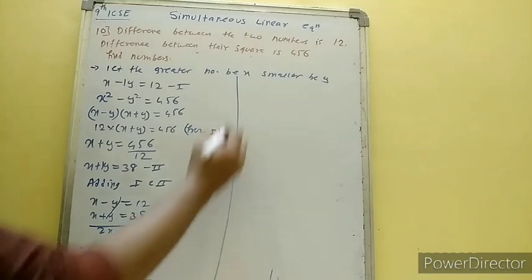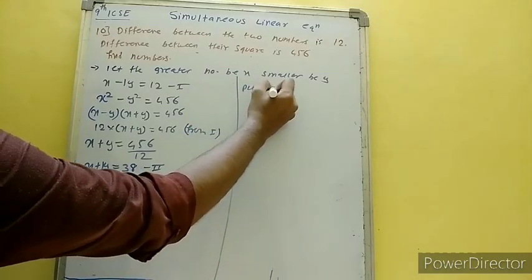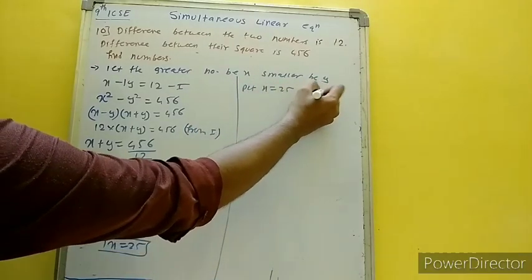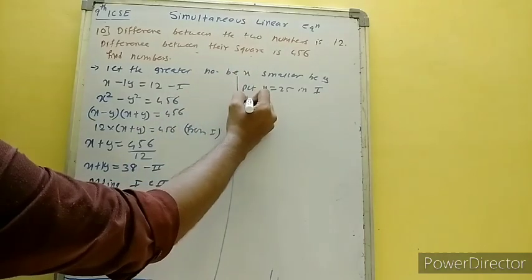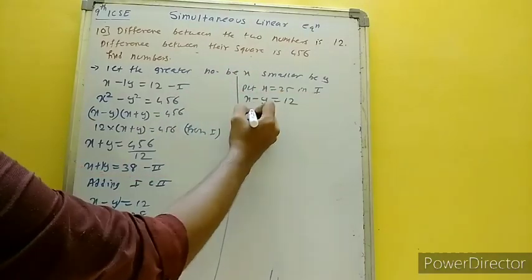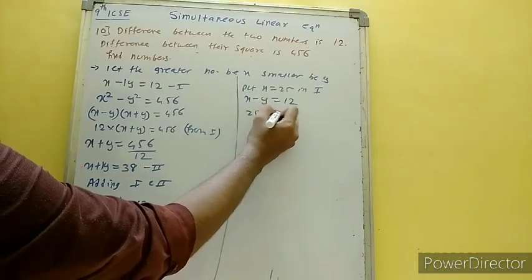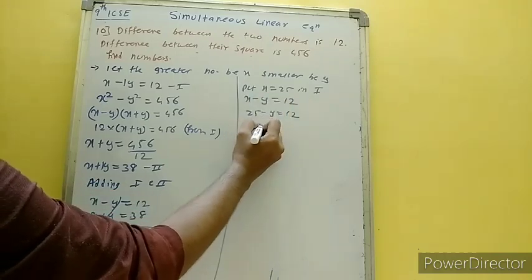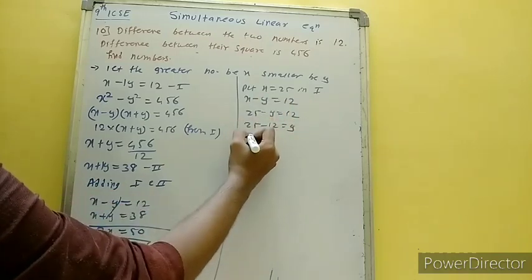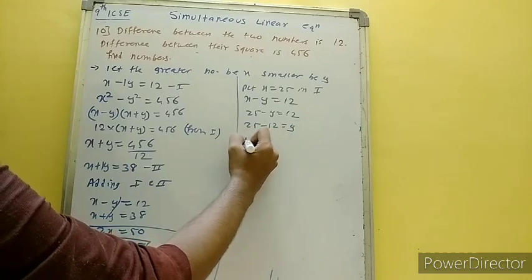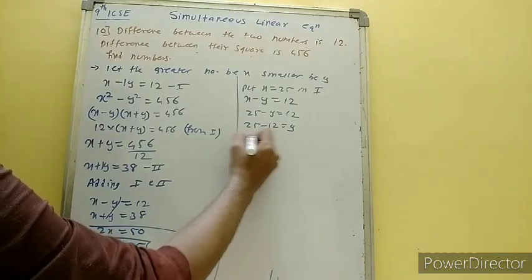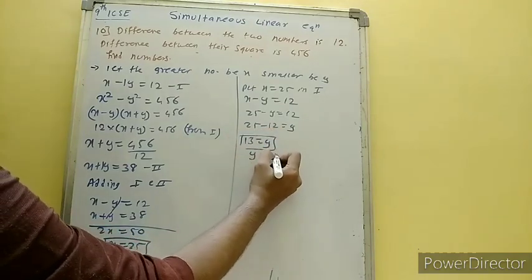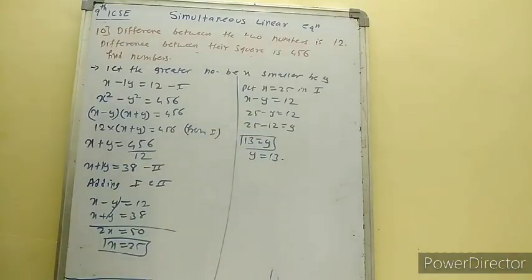Put x is equal to 25 in 1. So we have x minus y is equal to 12, 25 minus y is equal to 12, 25 minus 12 is equal to y. So it is 13. So y is 13. So we can say the two numbers are 13 and 25.